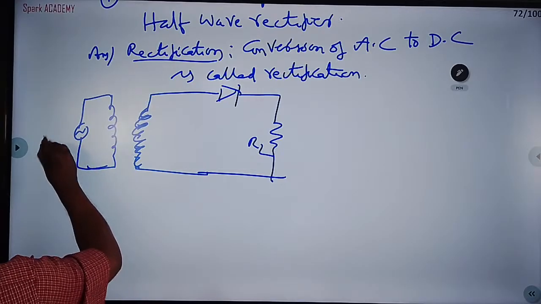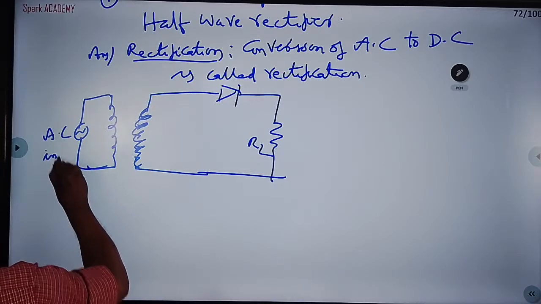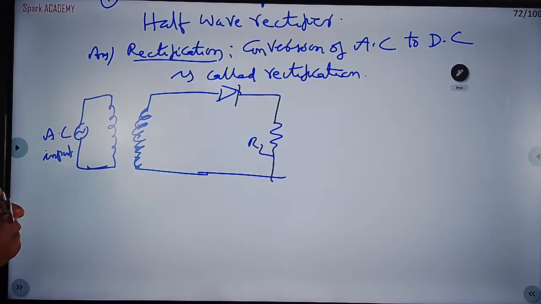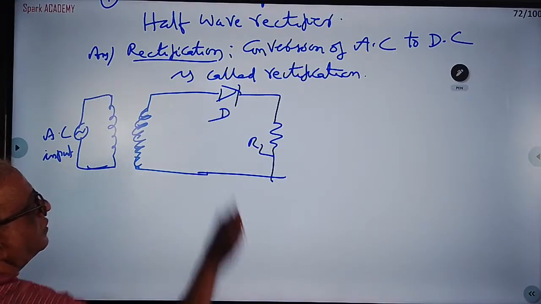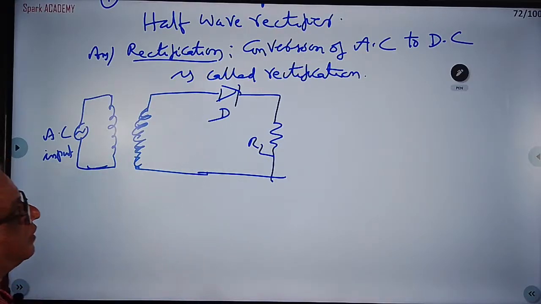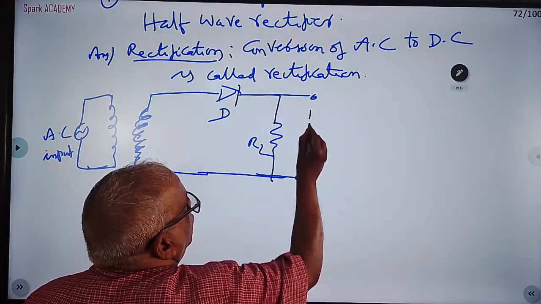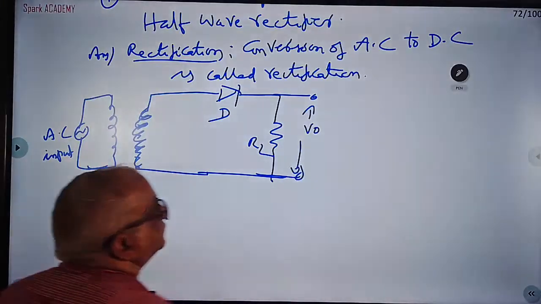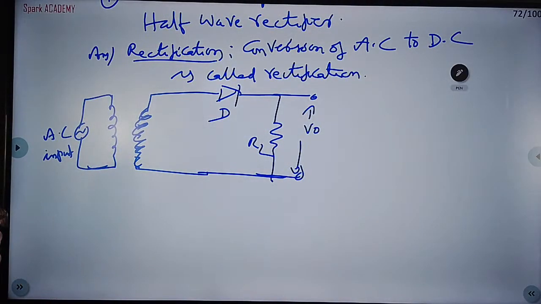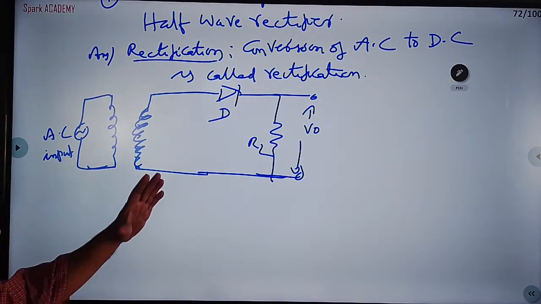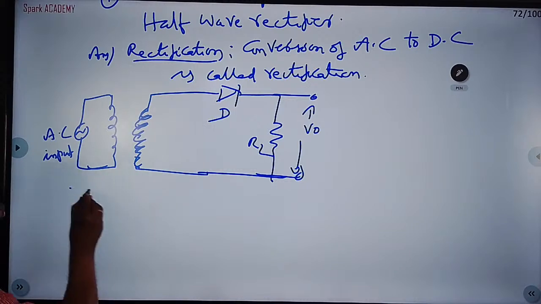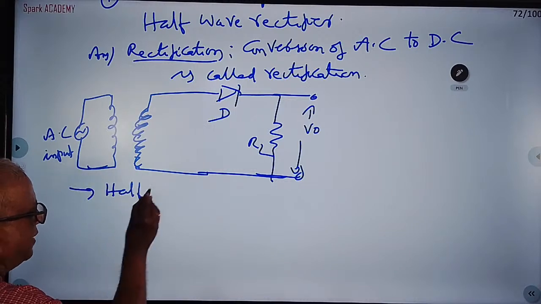This is called the AC input. This is the diode. This is the load resistance across which you are measuring the output. One diode is used. A half-wave rectifier consists of one diode, as shown in the figure.